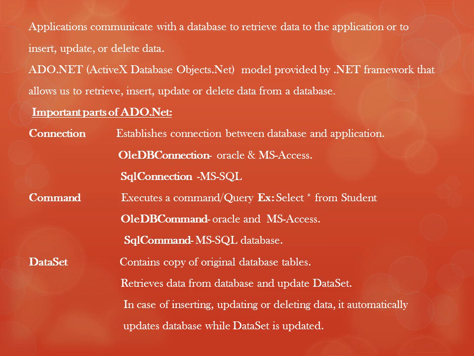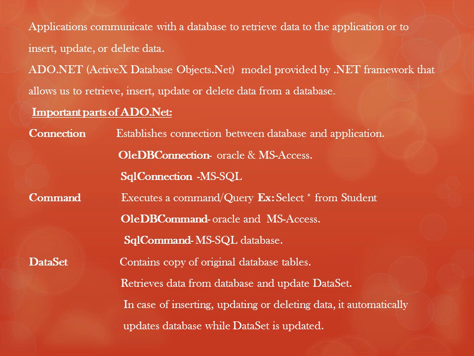The first component is the connection object. It establishes the connection between the database and the application we have developed. If we use Oracle or MS Access, we should use the OLEDB connection, or if we use MS SQL, we should use the SQL connection object.